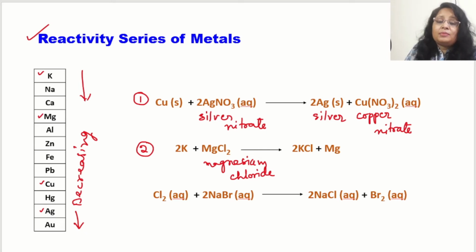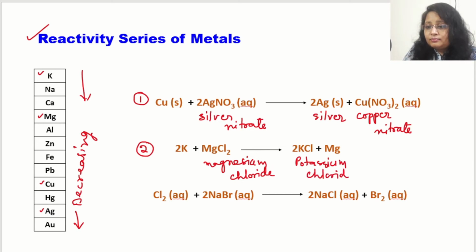It means potassium is more reactive than magnesium. So potassium replaces the magnesium from magnesium chloride. That means potassium will take the place of magnesium and makes potassium chloride, and magnesium is left behind.